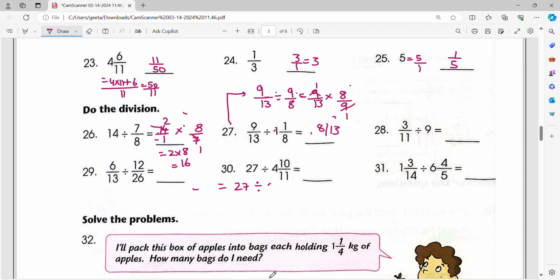Can you please solve this 4 whole 10 over 11? What would it be? 4 times 11 is 44, plus 10 is 54. Now please can you tell me, if I want to convert this divide into multiply, what it would be?